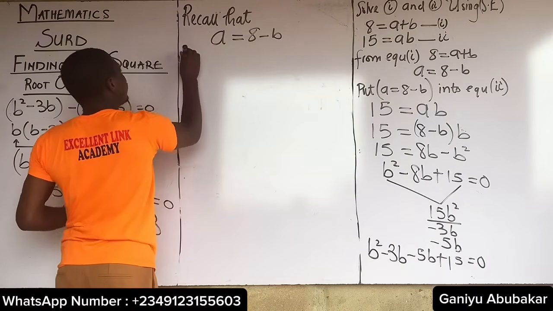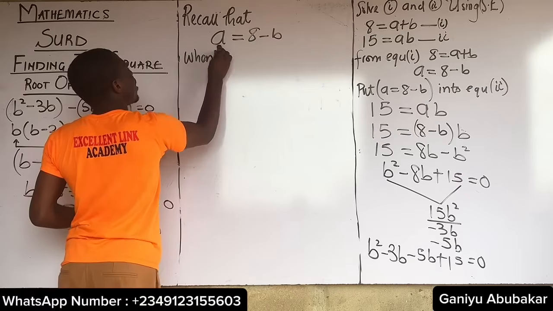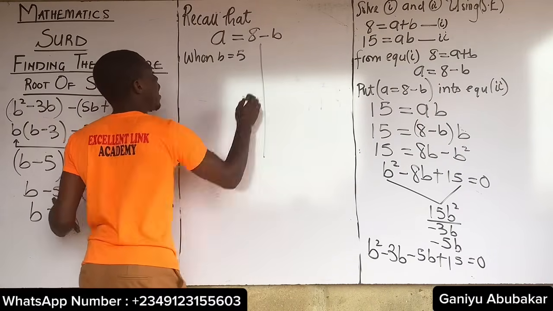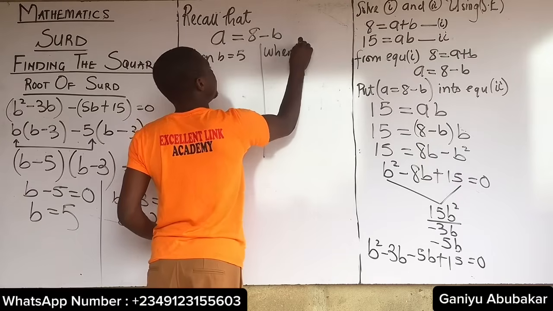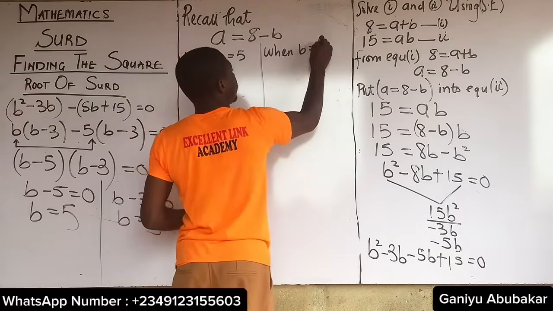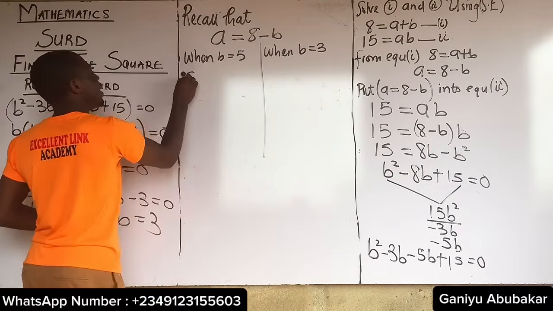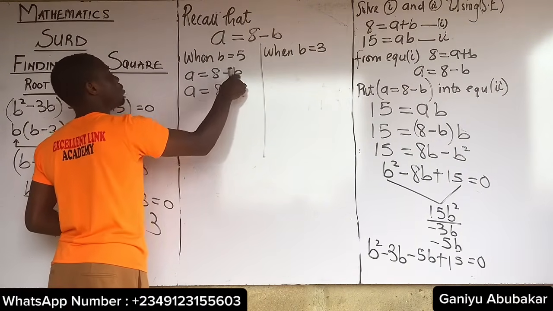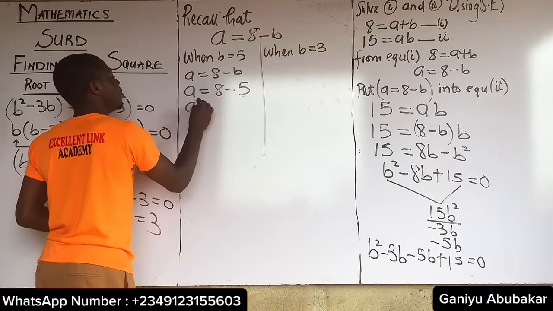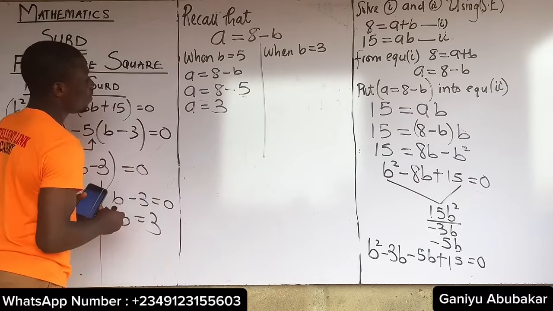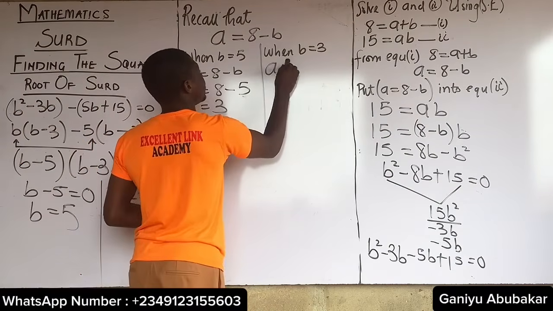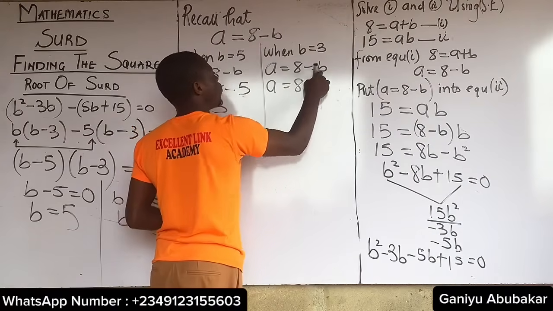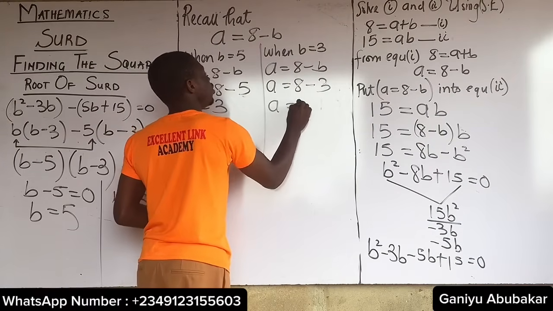So let's look. When b is equal to 5, what will be the value for a? And when b is equal to 3, what will be a? We know that a is equal to 8 minus b. a is equal to 8 minus, what's b? 5. That's 3. Alright, for this one here, a is equal to 8 minus b. As we know, a is equal to 8 minus, what's b? 3. a is equal to 5.